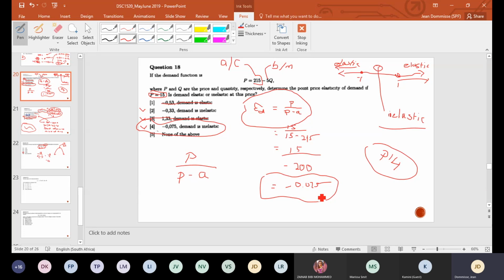They won't give you in the exam a minus 0.075 inelastic and a positive 0.075 that is inelastic, because we know that is supposed to be both inelastic, and if you use the absolute value, it turns it into a positive.